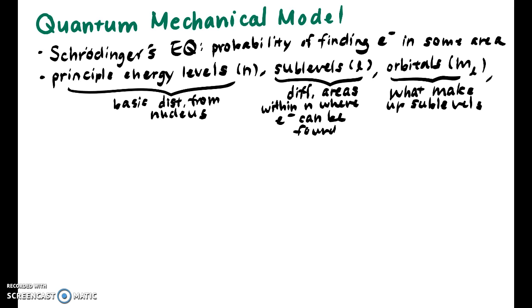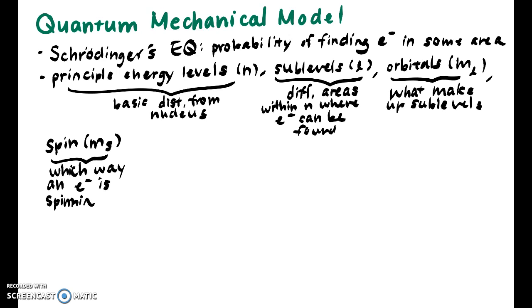And we have spin, denoted by m sub s, and this is basically which way an electron is spinning. And we write these out, the principal energy levels, the sublevels, the orbitals, and spin, but in reality these are all just solutions to Schrodinger's equation.